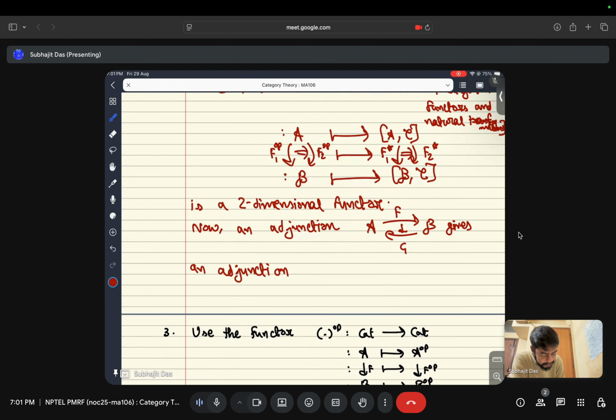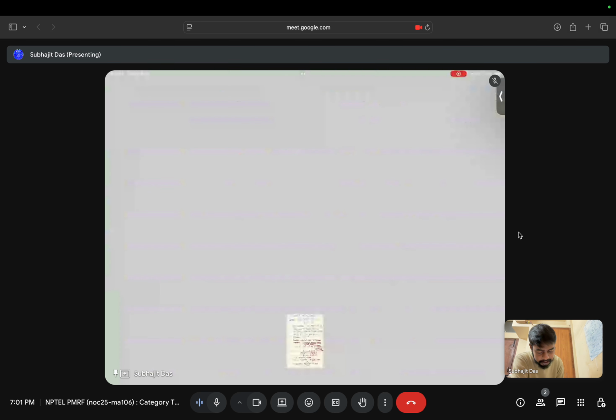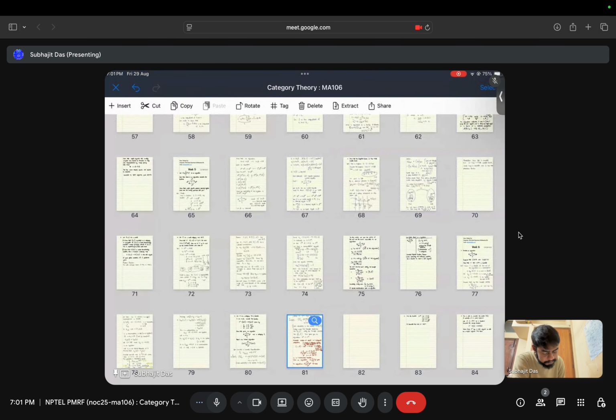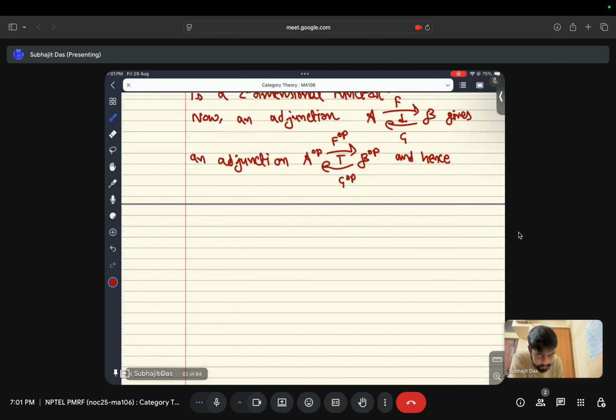We have seen this before. If you take A op, B op, and F op from A op to B op, and G op from B op to A op, then F op is the right adjoint of that adjunction and G op is the left adjoint, and hence a pair of natural transformations satisfying the triangle identities, or maybe a unit co-unit pair.